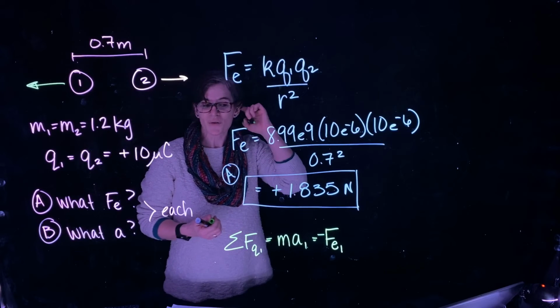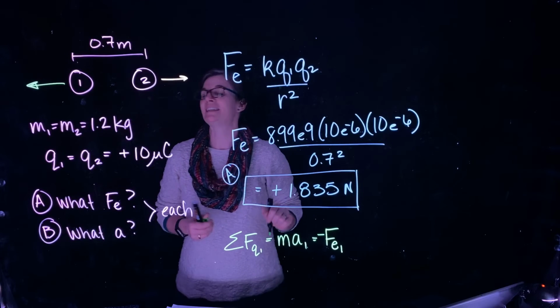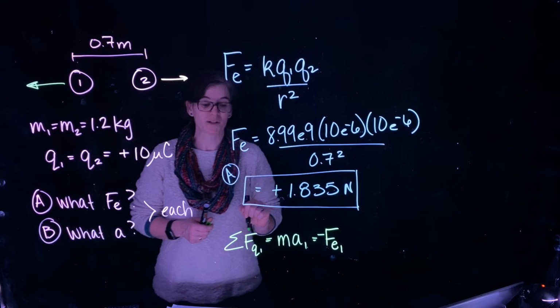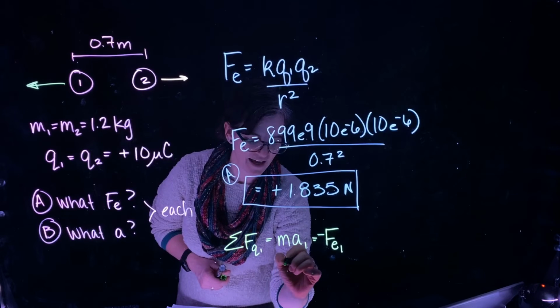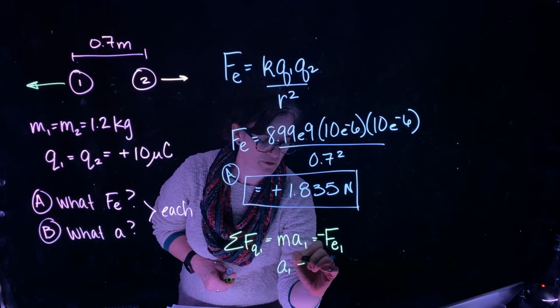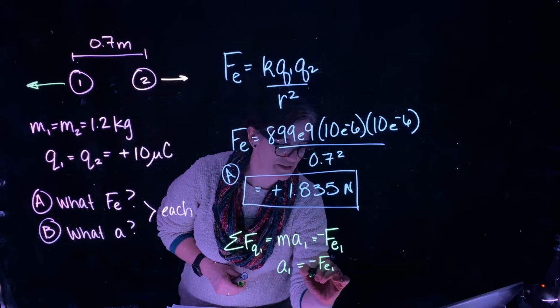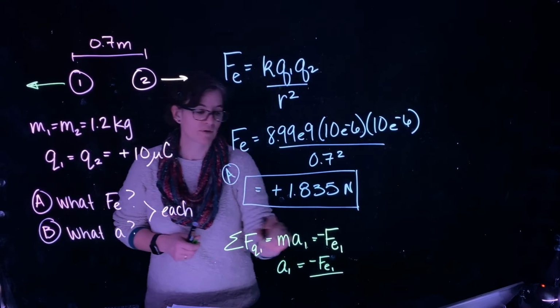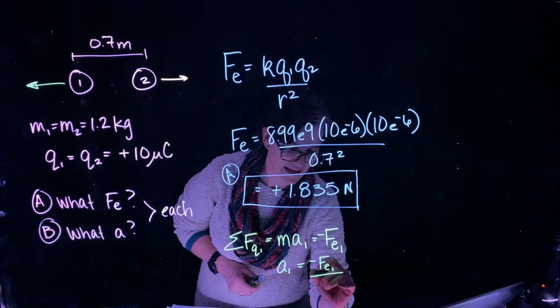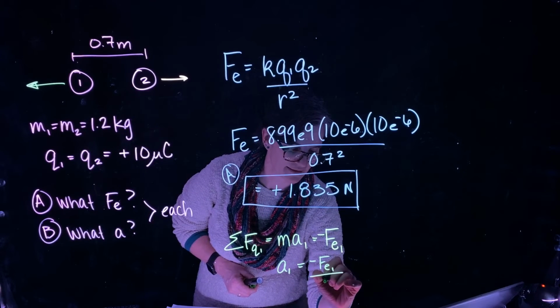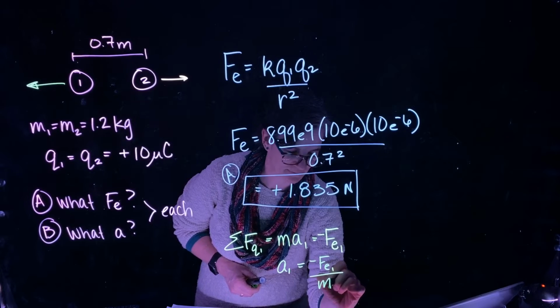All right, so I need to calculate the acceleration of object 1. I know that the acceleration of object 1 is going to equal the electric force, which is negative, I'm being explicit about putting in that negative number, over the mass.